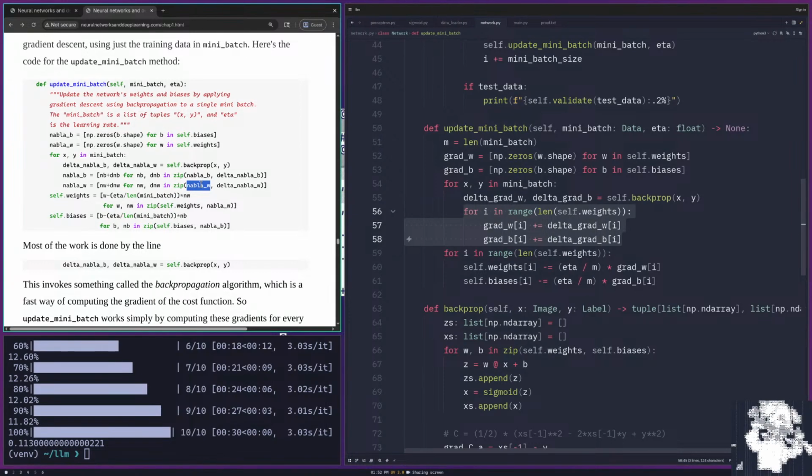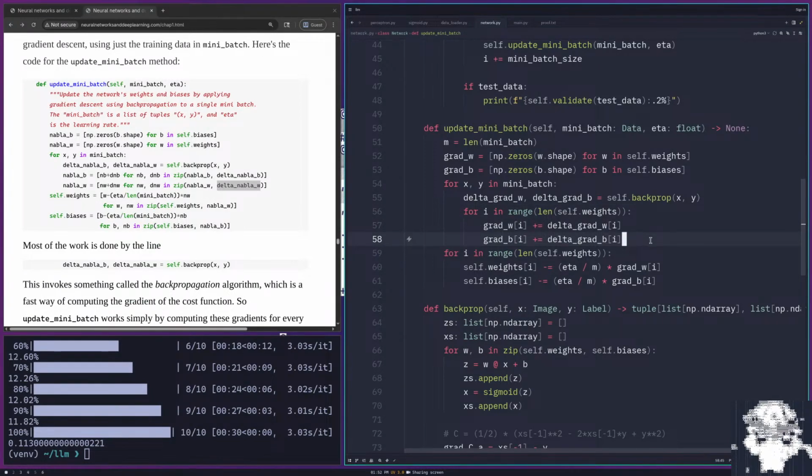For each of those things, ND arrays, the new value is equal to the old value plus the delta. And that's also what I'm doing, just in an easier way to read, I think.